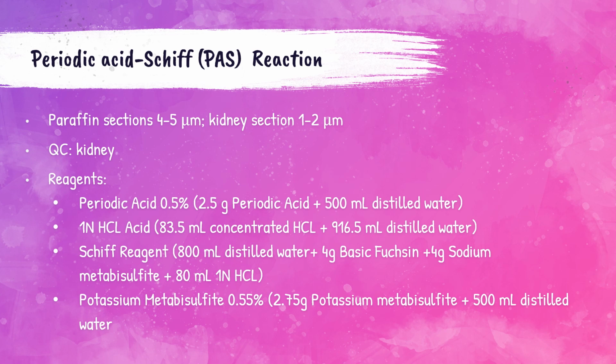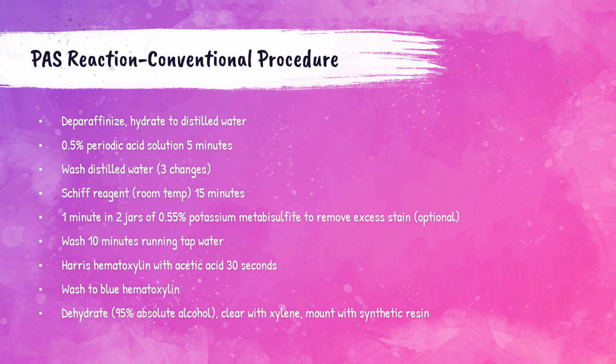The Schiff reagent is created by combining 800 milliliters of distilled water, 5 grams basic fuchsin, 4 grams sodium metabisulfite, and 80 milliliters of 1 normal hydrochloric acid. The 0.55% potassium metabisulfite is prepared by combining 2.75 grams potassium metabisulfite with 500 milliliters of distilled water. There are two different PAS reaction procedures, the conventional procedure and the microwave procedure.